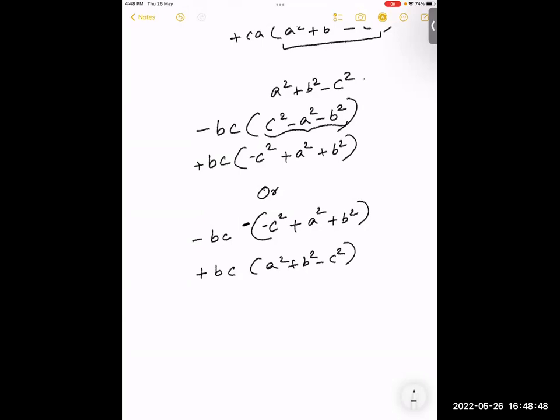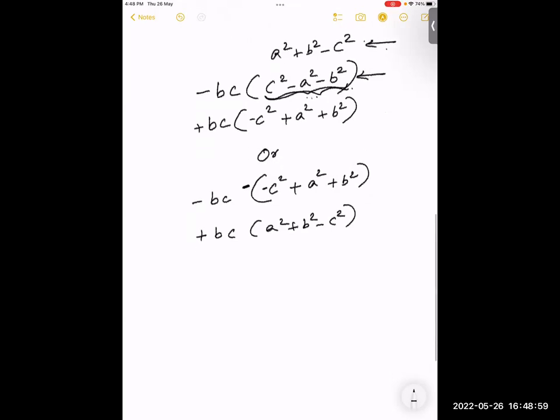What about you, Shreya? Ma'am, I didn't understand the second method. The second method is actually this part is negative of this one. Or if I just take negative out, I'm just considering this, okay?